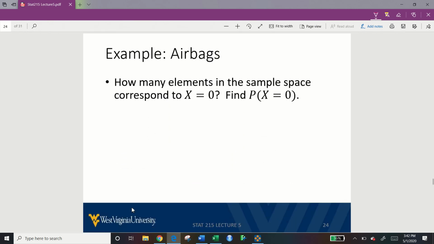So continuing our example, how many elements in the sample space correspond to x equals 0? Then we are asked to find the probability of x equals 0. Again, x equals 0 means 0 out of the 4 cars have a side airbag.